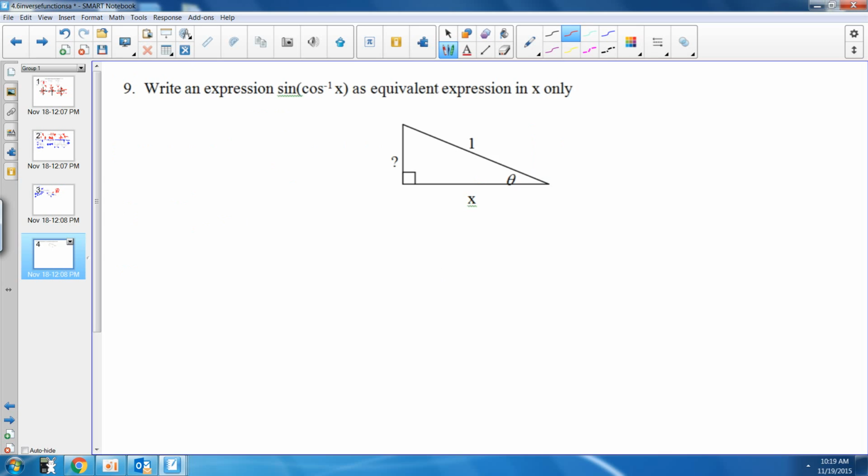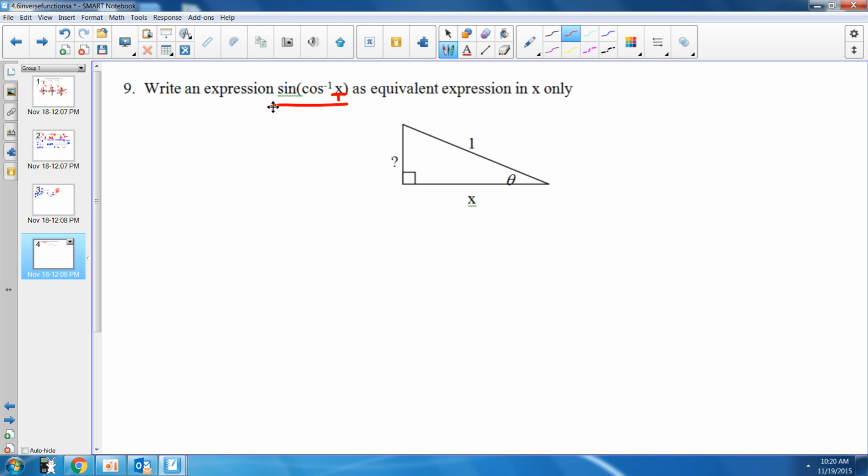The only other question you may have is one with a variable. And it's the same type of question. It says, what about the sine of this angle, which is cosine inverse of x? Well, to find this answer, you have to remember x is really the same thing as x over 1.